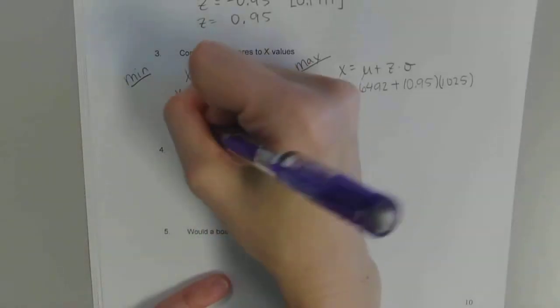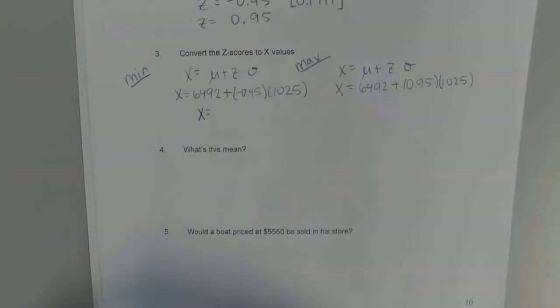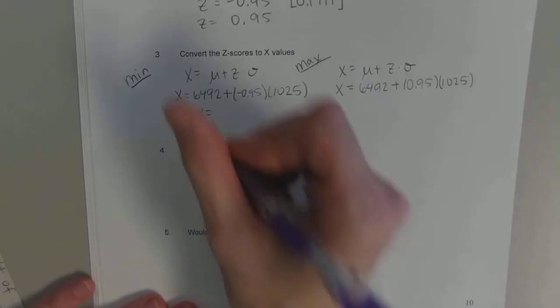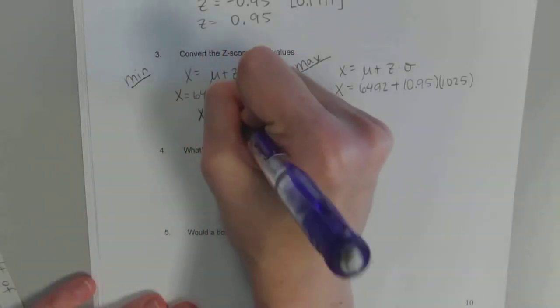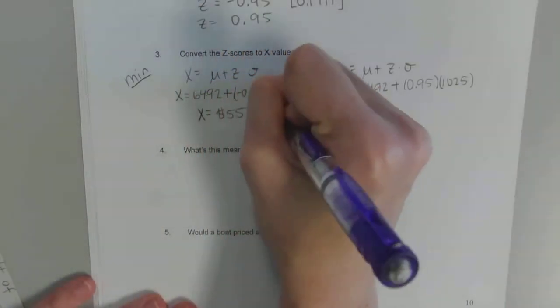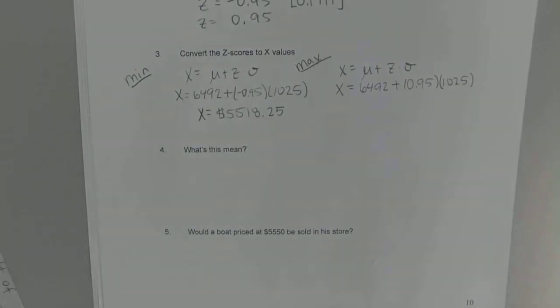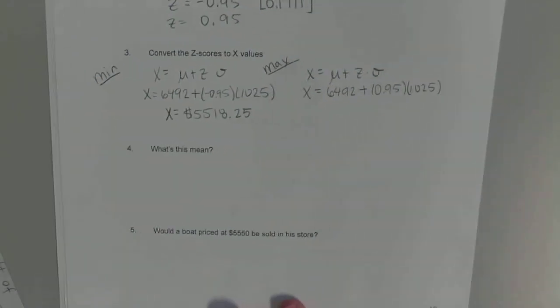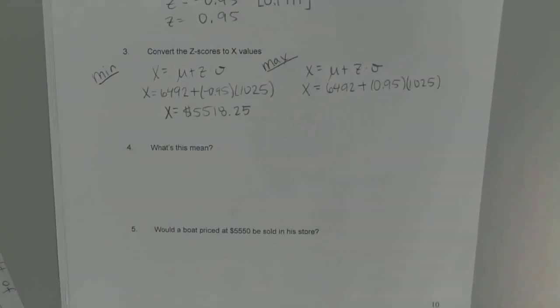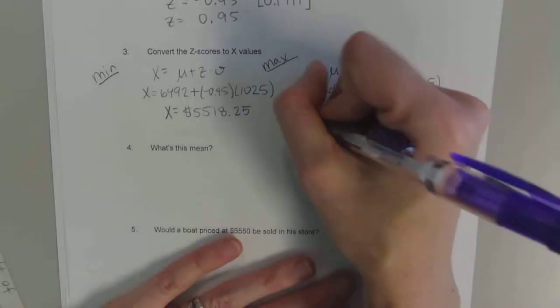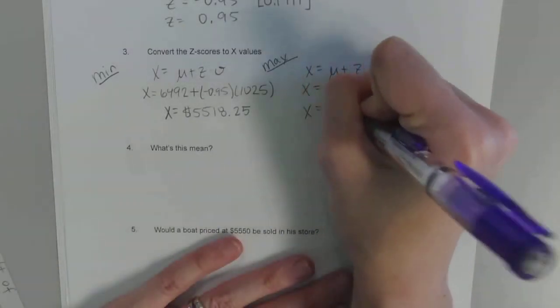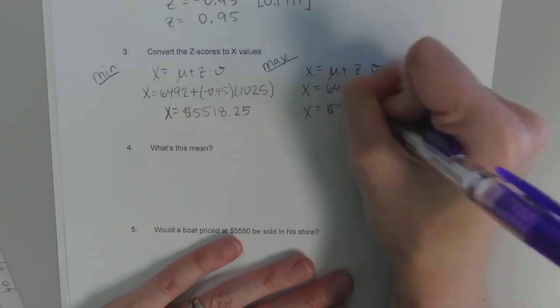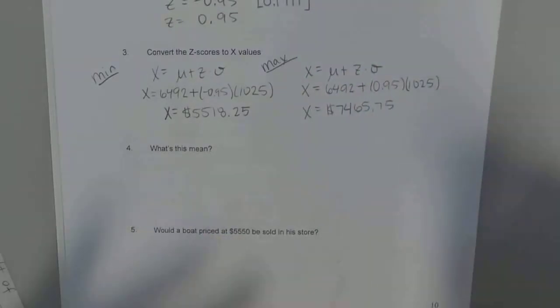You can throw that in your calculator exactly as is, round to 2 decimals, and you should get 55.18 and 25 cents. And then when you do the same for the top with the positive 0.95, you should get 74.65 and 75 cents.